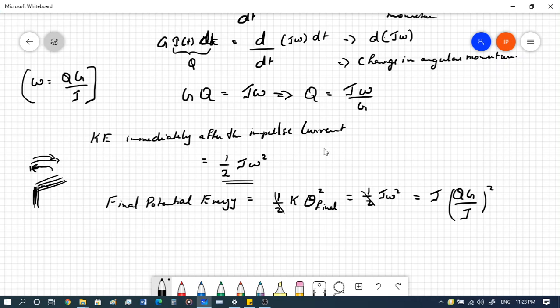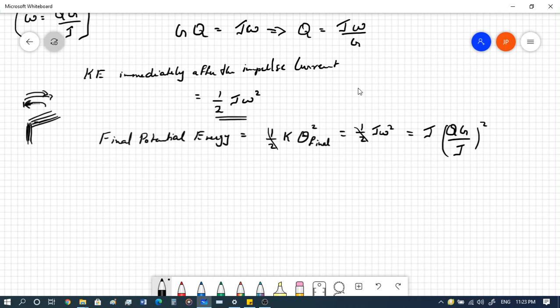So what we get is k theta f square is equal to J into Q square into G square by J square. So J and J can be cancelled, and k theta f square can be written in this form.